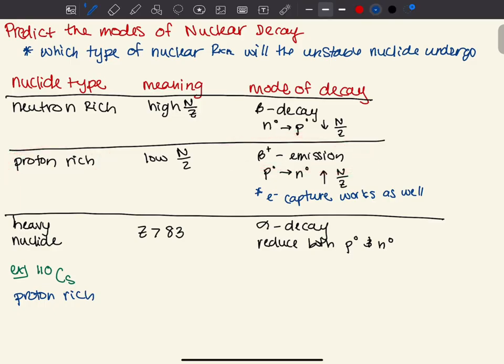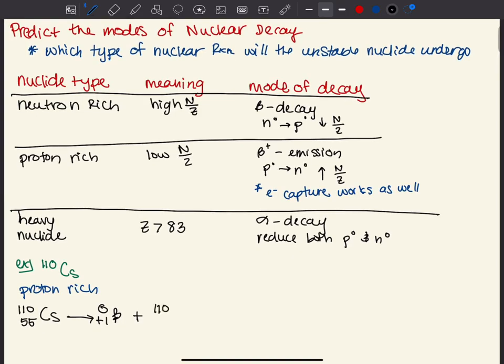So if I do my nuclear reaction, there's cesium-110, and it is going to emit a positron. And then it will keep the mass number the same, but the number of neutrons is going to change to 54, and we have xenon. Now keep in mind that you're not always going to make a stable nuclide. This is where you can have another reaction take place.